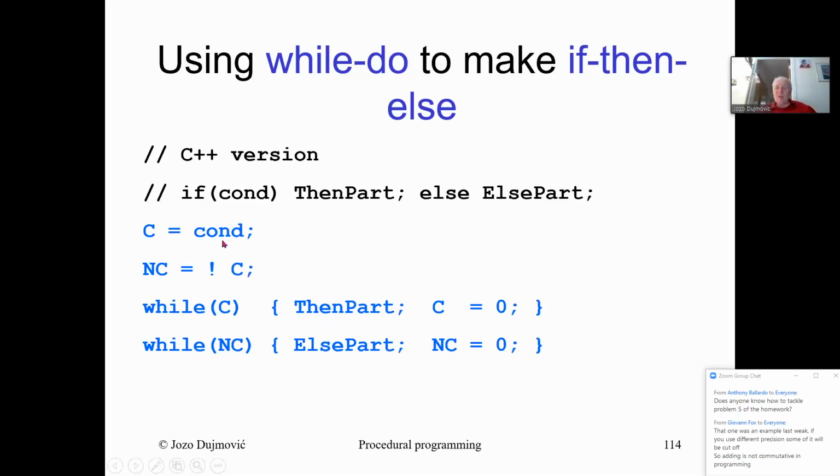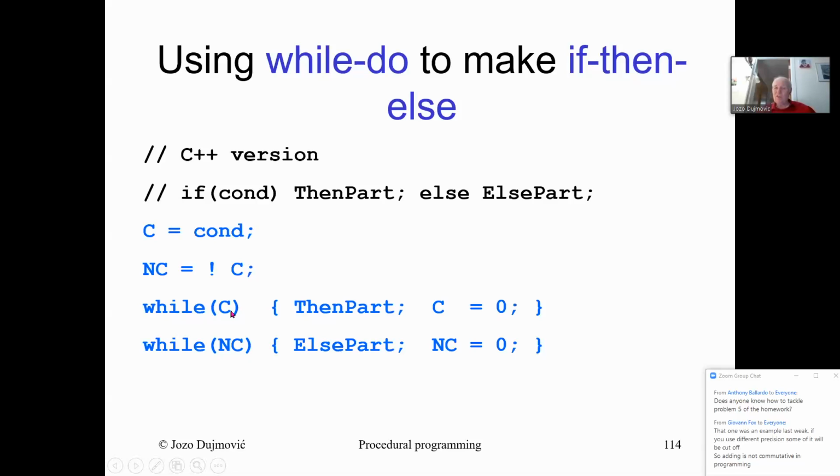The first thing that I'm going to do, I'm going to compute this condition and put it in variable C. This is the flag. This is auxiliary variable. And I will take its negation, not C, in this C. So I have condition and not condition, these two flags. Then I have while loop, while condition is satisfied.